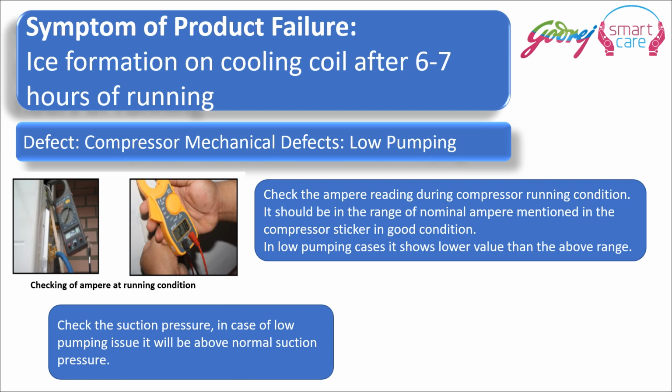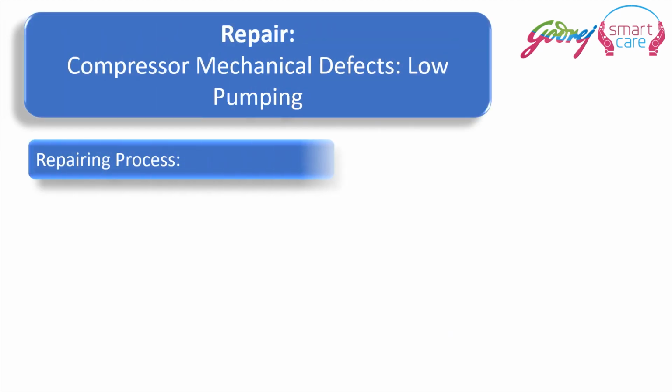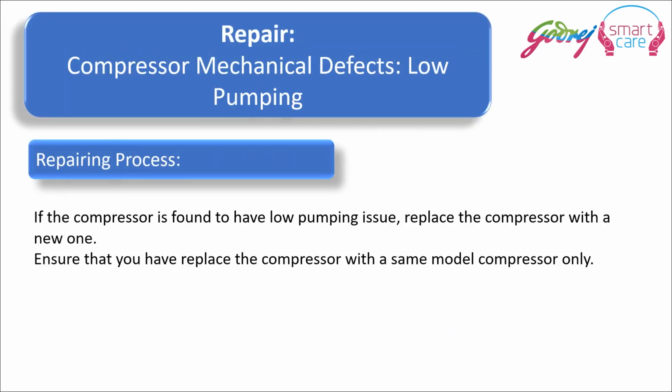In case of a low pumping issue, it will be above normal suction pressure. If the compressor is found to have a low pumping issue, replace the compressor with a new one. Ensure that you replace it with the same model compressor.